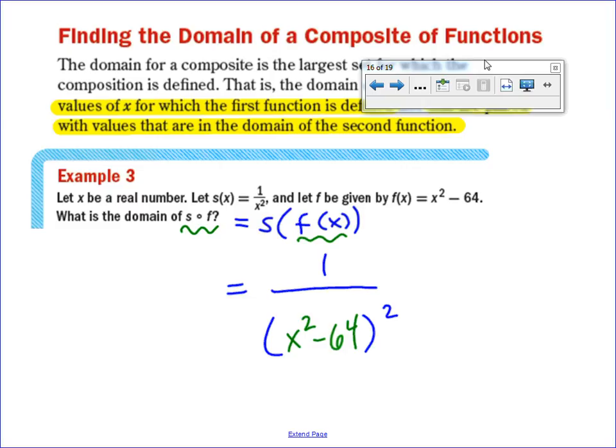And the squaring on the bottom isn't going to fix the 0. 0 on the bottom squared is still 0, and that's bad news. And so my final answer would be the set of all x's such that x cannot equal positive or negative 8. And you guys did a great job with that.